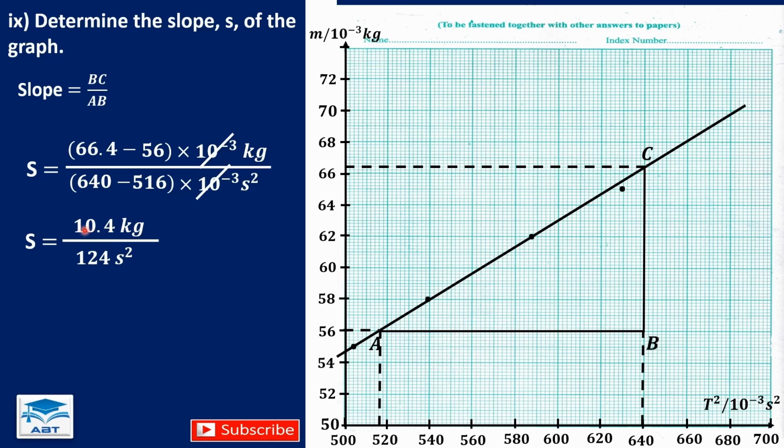So 10.4 divided by 124 will give us 0.084. We have kilogram at the numerator and second square at the denominator. So the reciprocal of second square will be per second square. So the slope is 0.084 kilogram per second square.